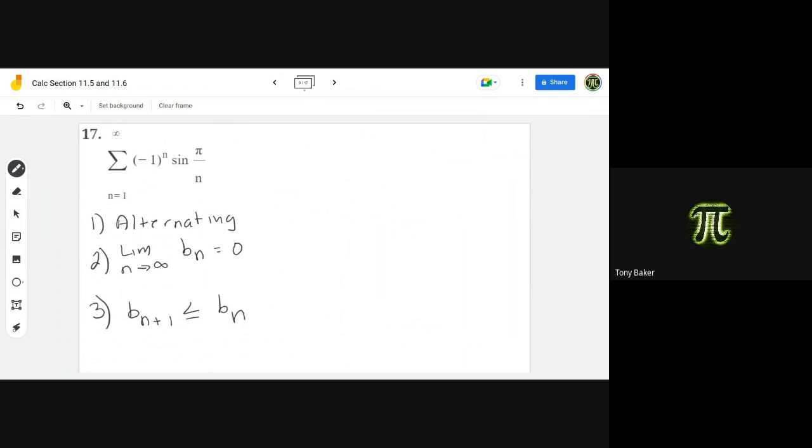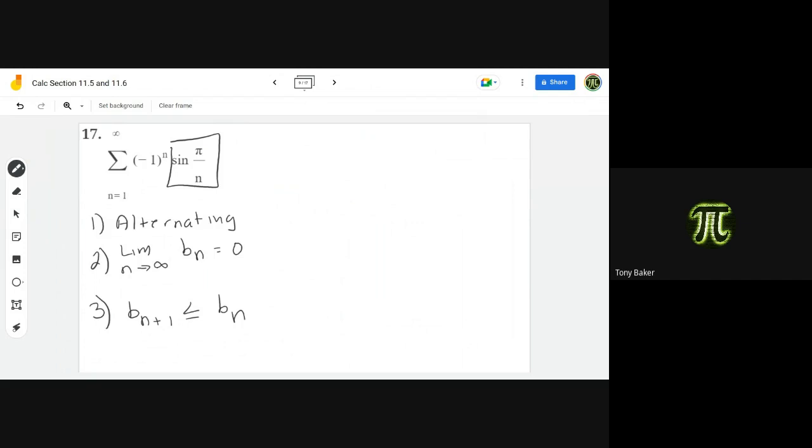Trig functions do. So in most problems, if you see that, you're absolutely right, you're good, because what's after it is not going to alternate. However, sine does alternate. Sine does go from positive to negative and back and forth, right? The question is, does that?